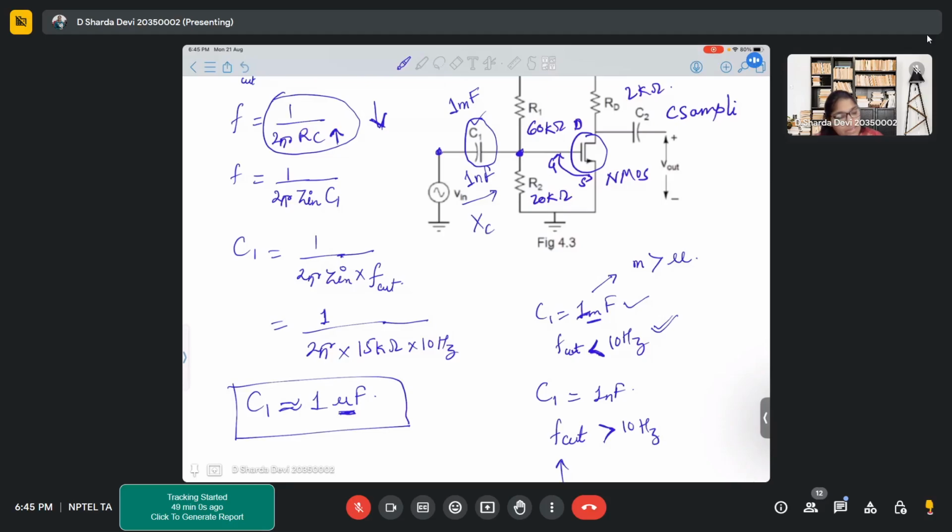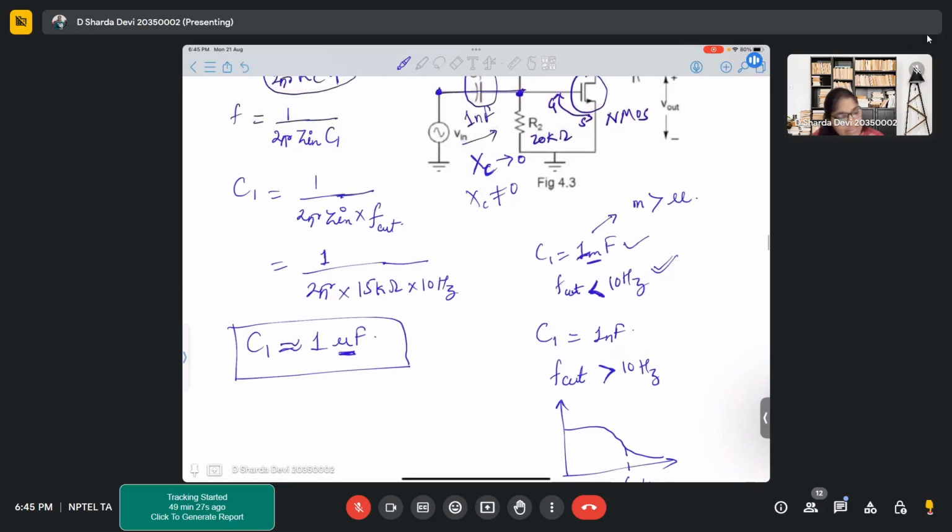Will you see the effect of XC or not? If XC tends to zero, then it is completely short, right? So you won't see any drop across these points. Now if XC is not equal to zero, then we'll start seeing the drop.